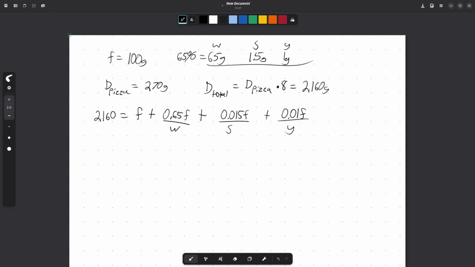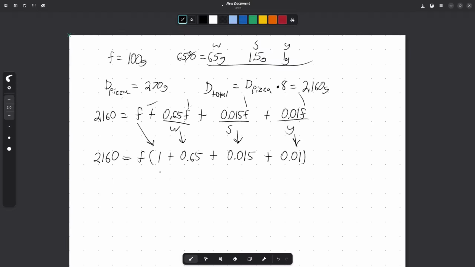So let's say we want to figure out F in this entire formula. There's a very convenient thing you can do for a lot of algebra problems, which is factoring. So 2160, our total dough weight, equals F, and we factor F out of every one of these: F times 1 for this term, plus 0.65 for this term, plus 0.015 for this term, plus 0.01 for this term.